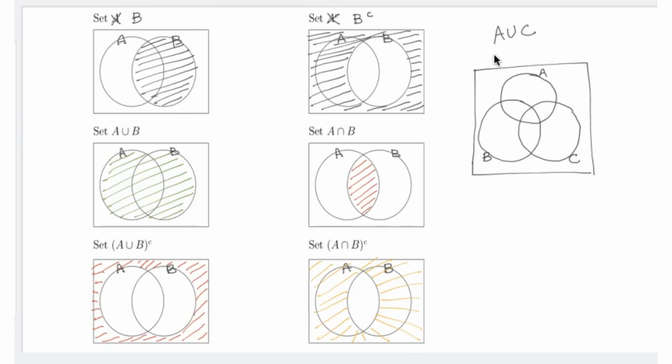Here is set A, here is set C. Your B circle is invisible. Everybody in A and C, like that. A union C. We only look at those two circles.